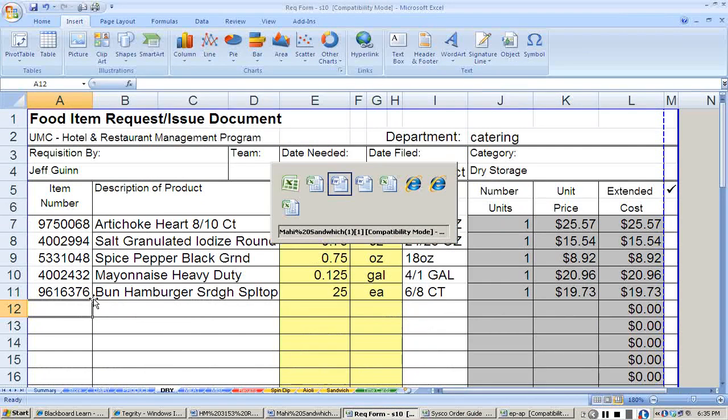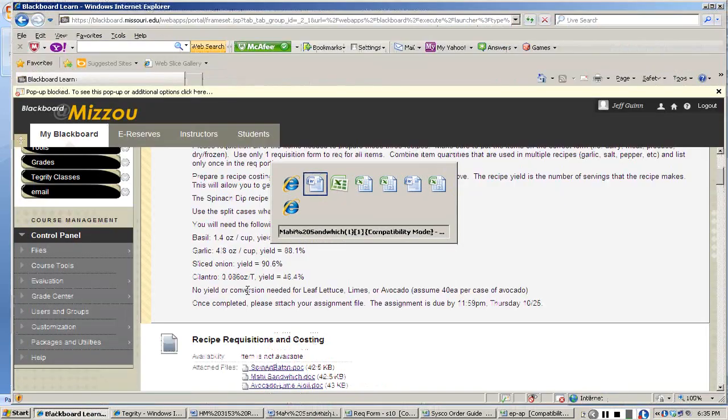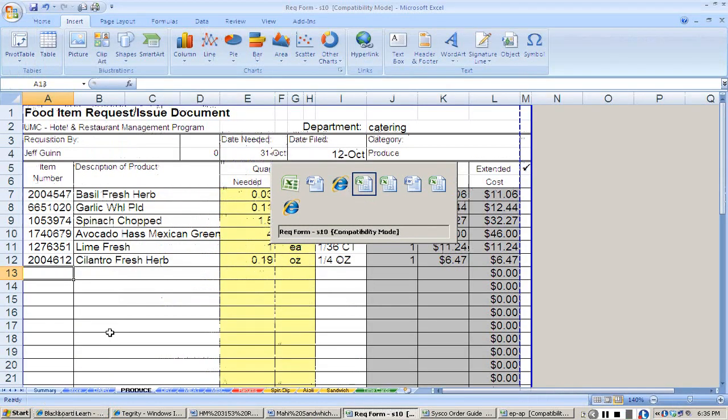Okay. Next on the recipe, leaf lettuce. 1 pound and ounces of leaf lettuce. On Blackboard, I told you that you didn't have to convert the leaf lettuce. So 1 pound, 9 ounces. It's going to be a produce. Get the item number.